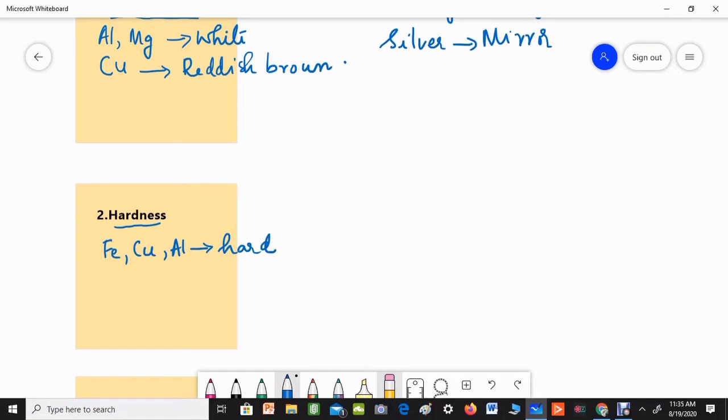They cannot be easily cut with a knife. But metals like sodium, potassium, etc., on the other hand, are so soft that they can be cut with a knife. Yet they are metals.